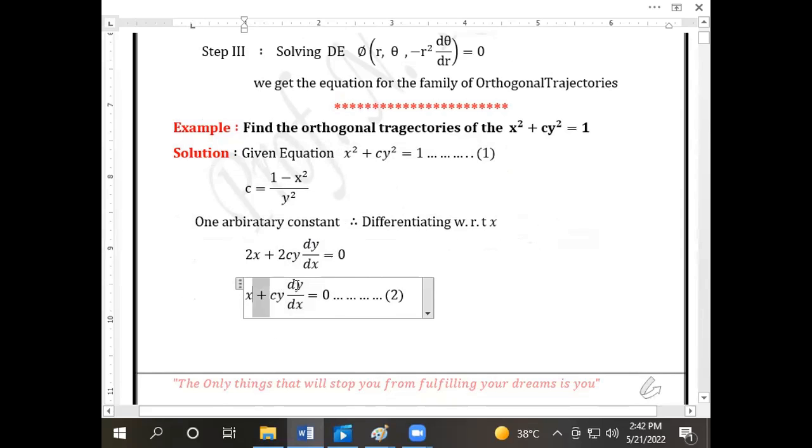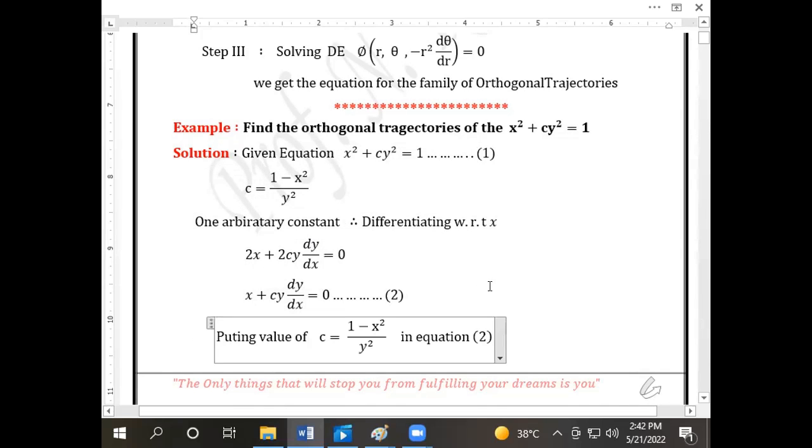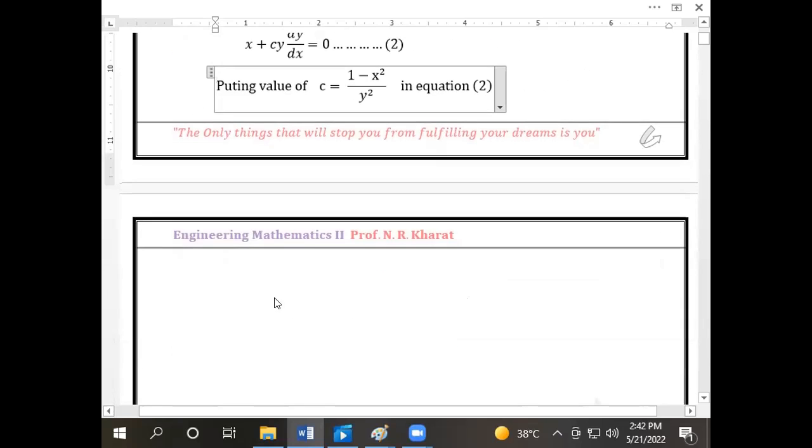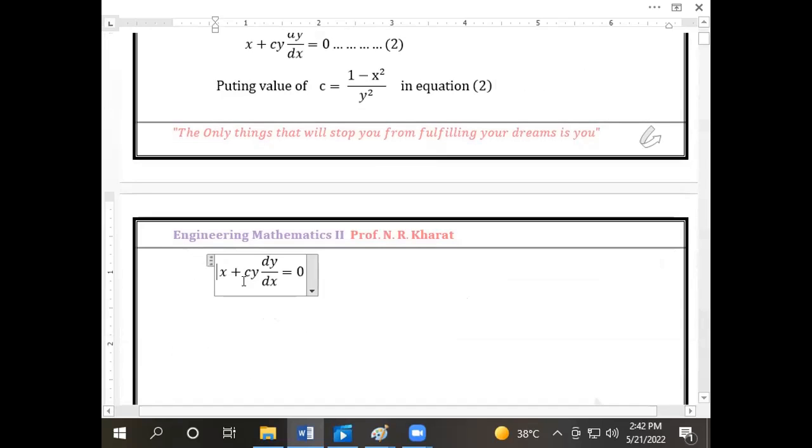From this equation number 2, we can remove the value of c. That means we have to put the value of c from equation number 1 into equation number 2. So x plus c y dy by dx equal to 0 is my equation number 2.